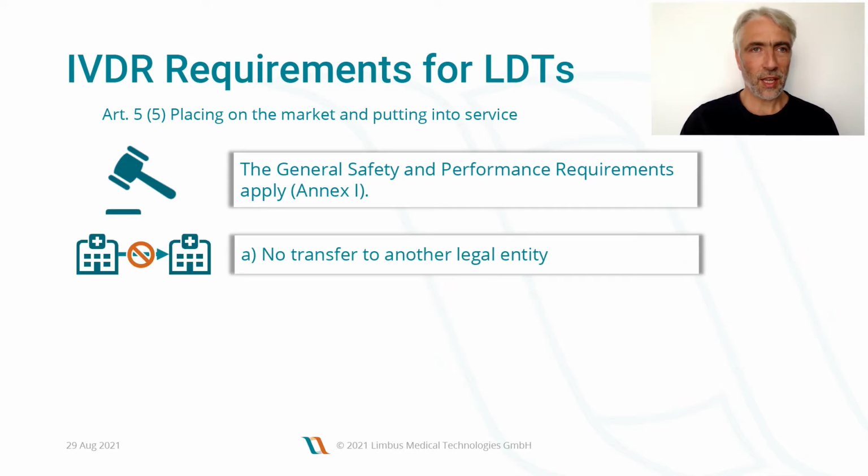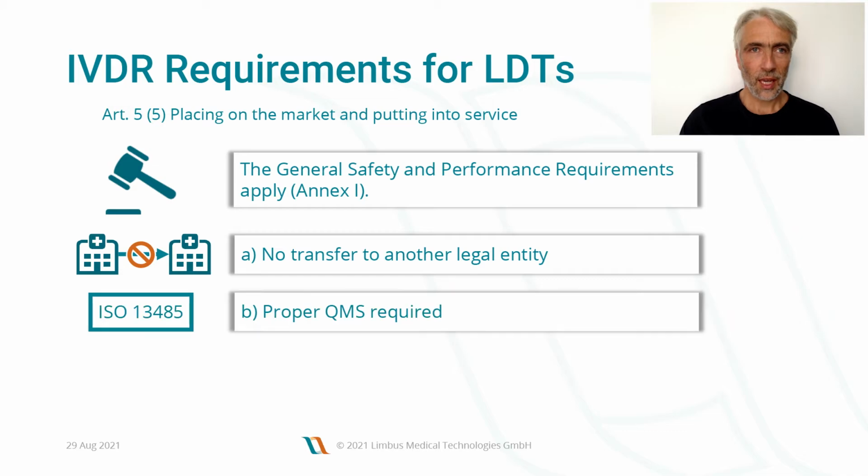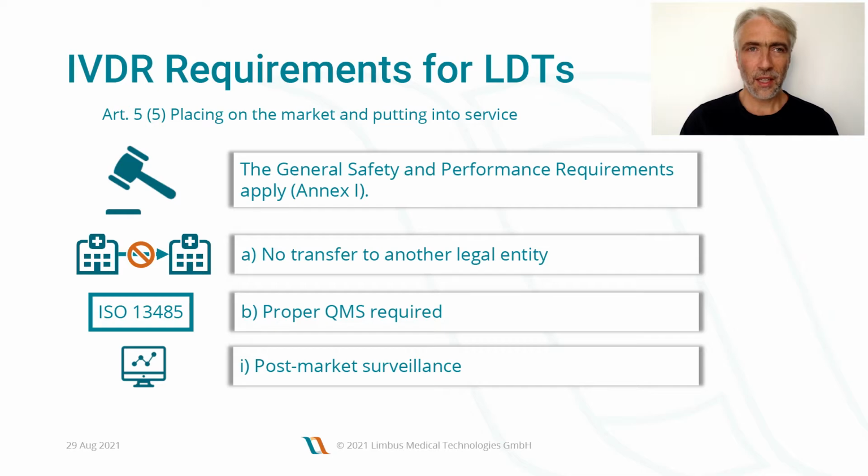It also states that laboratory developed tests may not be passed on to other legal entities. And the laboratories must establish an appropriate quality management system, which typically means being compliant with ISO 13485. And in the end, laboratories must also establish a post-market surveillance process. They must monitor the analytical performance of their laboratory developed tests.